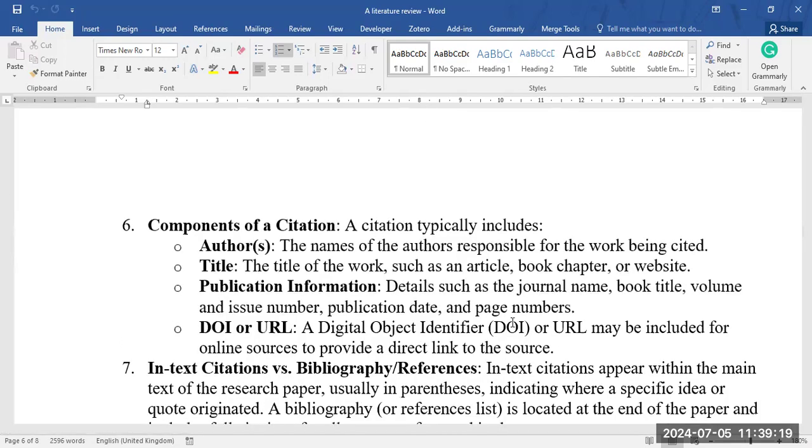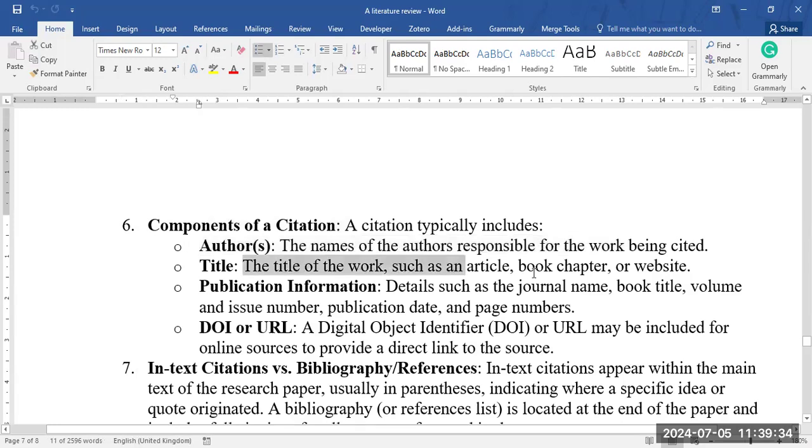So then, components of the citations, right? A citation typically includes the author, the name of the author responsible for the work being cited; the title of the work, such as article, book chapter, or website; publication information, details such as the journal name or book title, volume and issue number, publication date, page numbers, right?